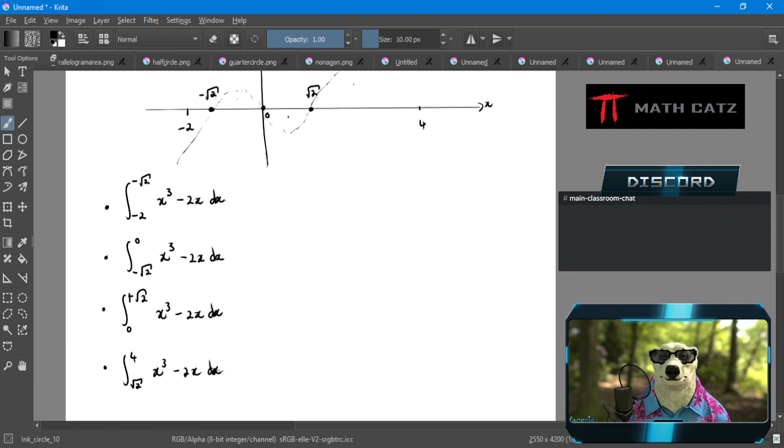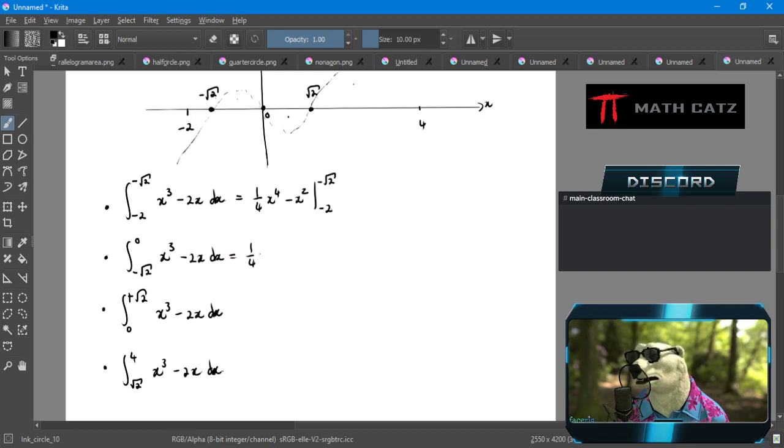Now I don't know going in how many of these splits will have to occur. I have to find the x-intercepts, and that tells me there are three of them in this interval. Fine, let's do it. This is really worst case. But notice that the antiderivative is always the same. I have 1 over 4 x to the 4 minus x squared. I'm going to plug in these numbers.